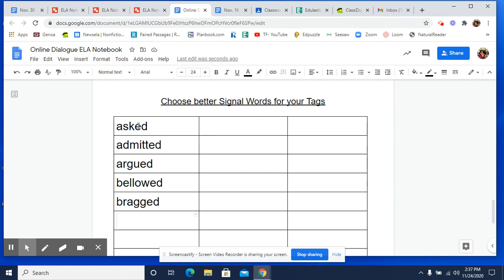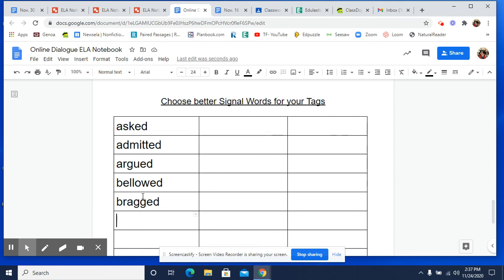So the signal word for your tag. Remember, your tag includes who's speaking, so the person's name, and then also how they're saying it. So, in other words, for this one, they're asking it, they're admitting, they're arguing. So make sure that you are looking at how your character is actually speaking it, and try to be as specific as you can instead of just always saying said.